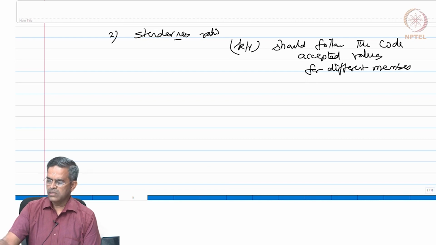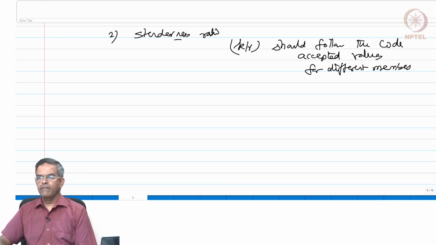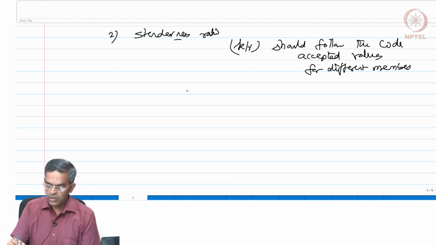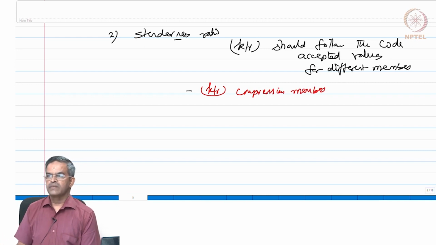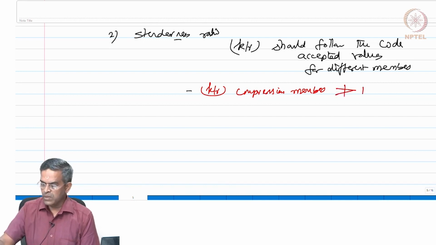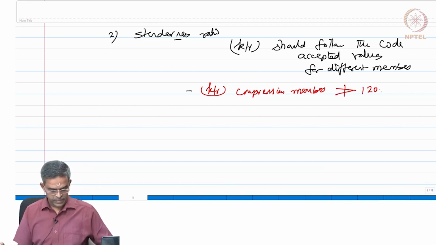We all know this is a standard procedure, we are not discussing that here. However, you must note that the slenderness ratio for compression members in form dominant designs, okay, cannot be more than 120.